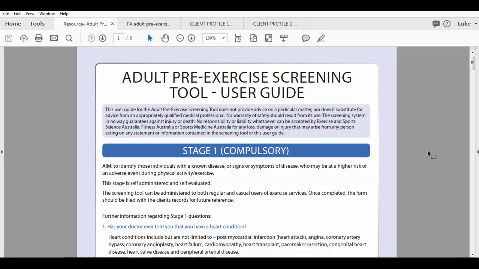No responsibility or liability whatsoever can be accepted by Exercise and Sports Science Australia, who developed this form, Fitness Australia or Sports Medicine Australia for any loss, damage or injury that may arise from any person acting on any statement or information contained in the screening tool or this user guide. So just a bit of a disclaimer there to protect themselves and, I guess, you as an instructor when having someone fill it out. So let's go through the user guide here and start with stage one.